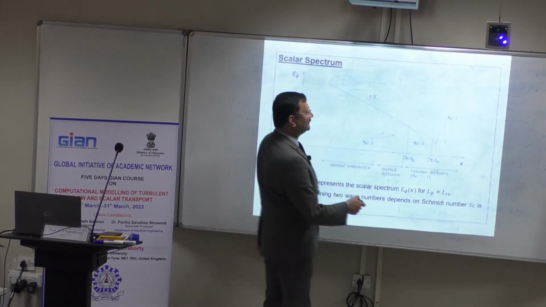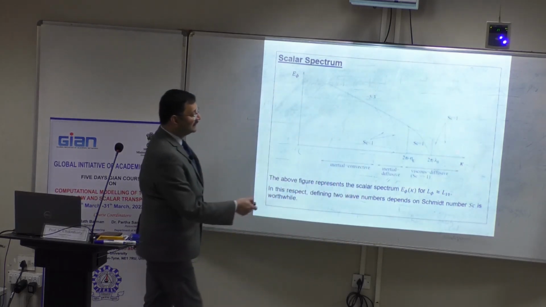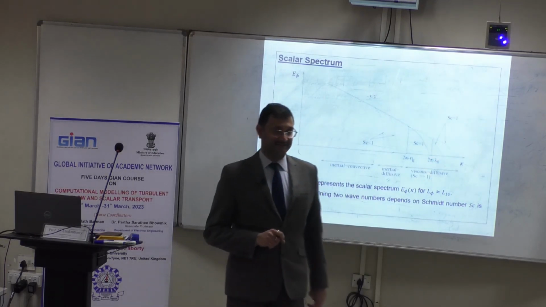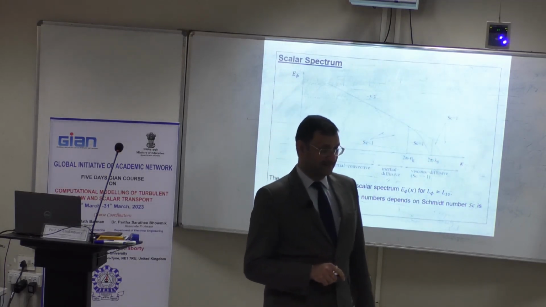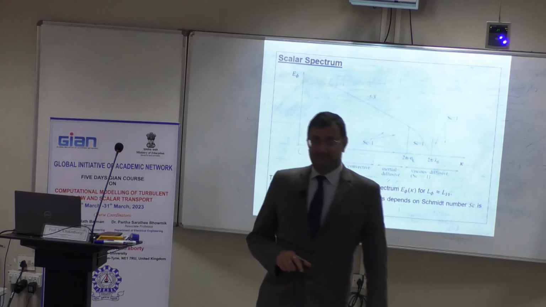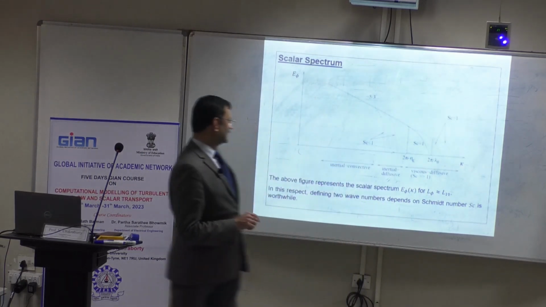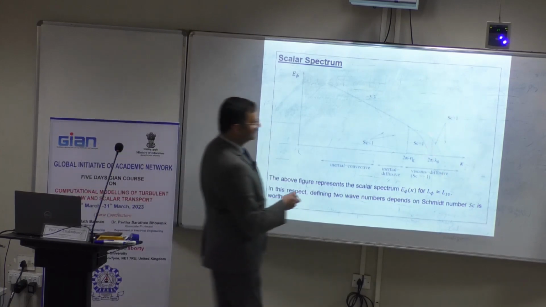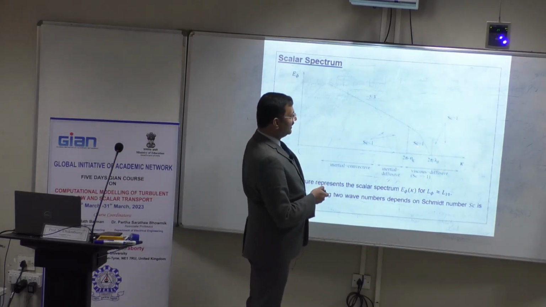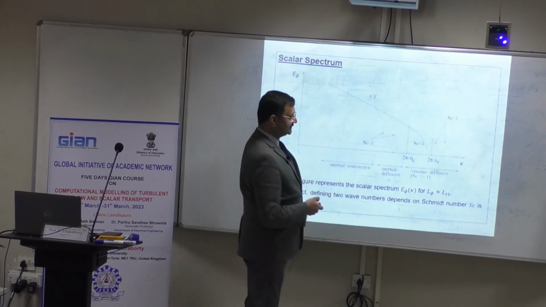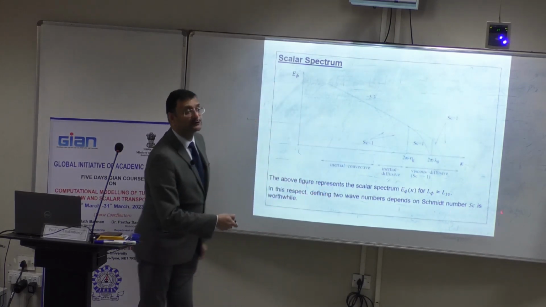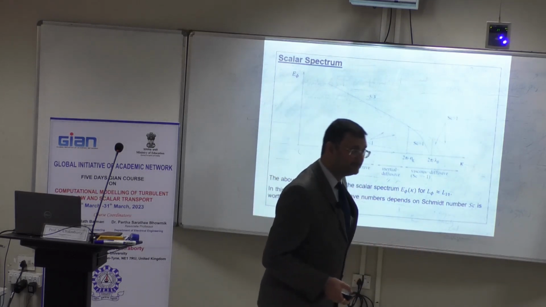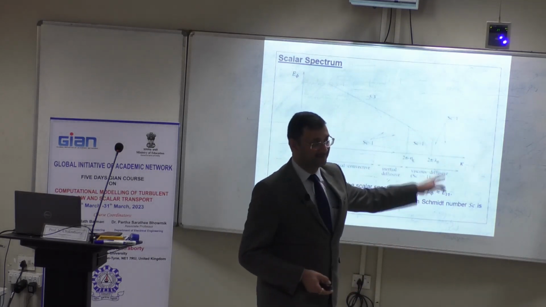The length scale at which this roll off takes place is lambda B, which is called the Batchelor length scale. Now, clearly you can appreciate that where this spectral roll-off takes place is very strongly dependent on Schmidt number. If you think in terms of heat transfer, once again, replace Schmidt number by Prandtl number.